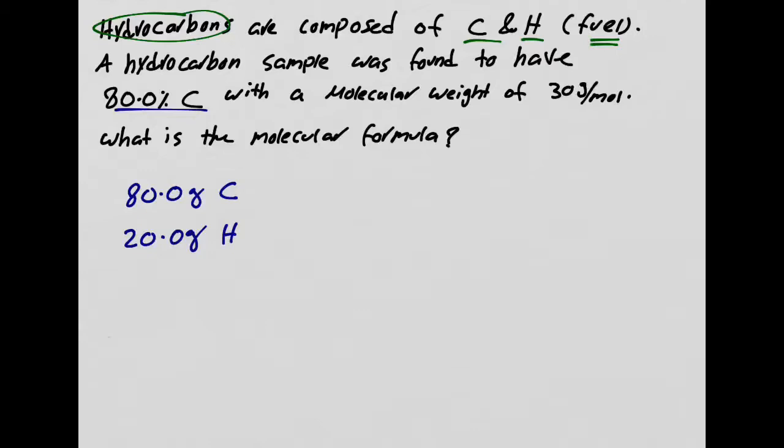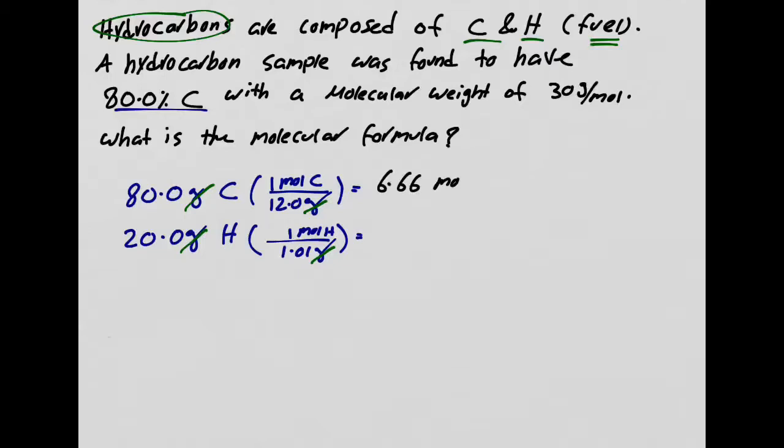Now I have to use a molecular weight to go from gram to moles. 1 mole of carbon is 12.0 gram, and 1 mole of hydrogen is 1.01 gram. Okay, so the gram can cancel out and I can end up with moles. If I do that, I get 6.66 moles of carbon, 19.8 moles of hydrogen. So far so good?